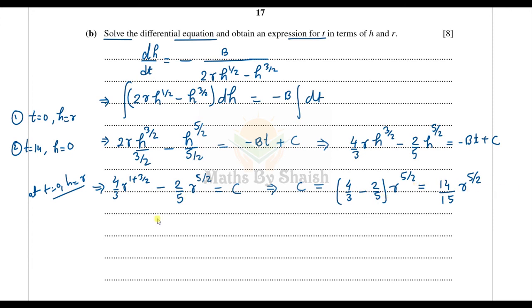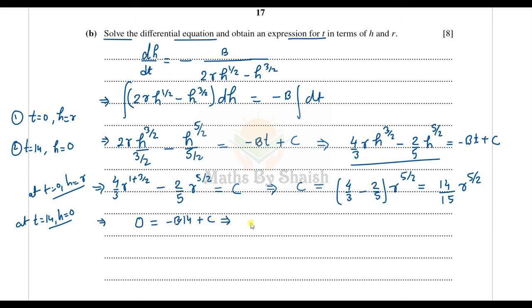We got the c value, and at t is equal to 14 the tank was emptied, so h is 0. It means the left hand side completely vanished, so we got 0 is equal to minus b times 14 plus c.